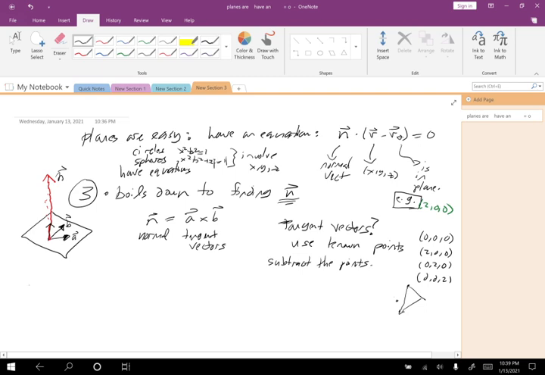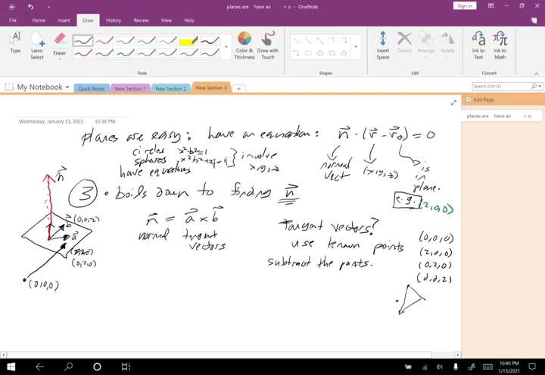Right? Because let's just go back to this graph over here. If we start off with 0, 0, 0 here, and for example, if this is 2, 0, 0, okay, then we can get a tangent vector. Let's call this one 0, 2, 0. And let's call this point 0, 0, 2. These are the two points.